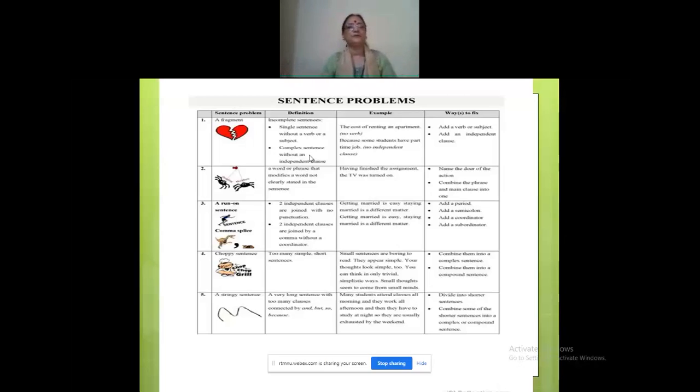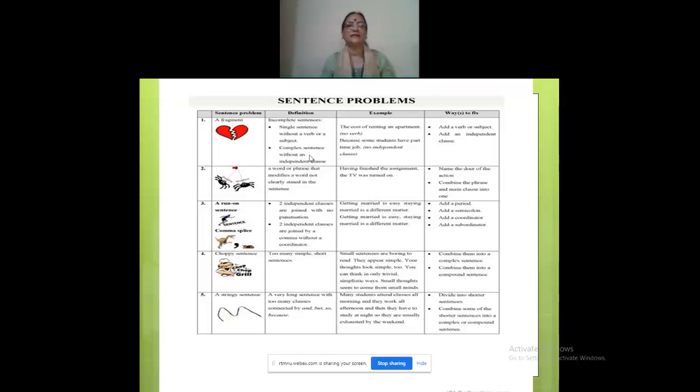Staying married is a different matter, full stop. But you have removed the full stop and you are continuing, making it one single sentence. There is no comma, there is no coordinating conjunction, there is no semicolon. The sentence is going to be difficult to understand.